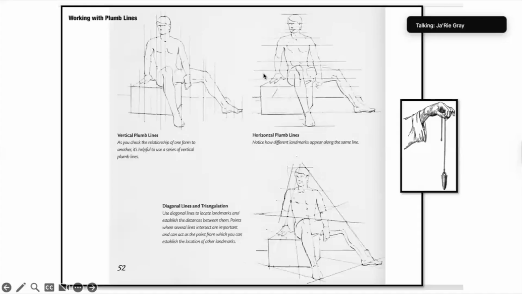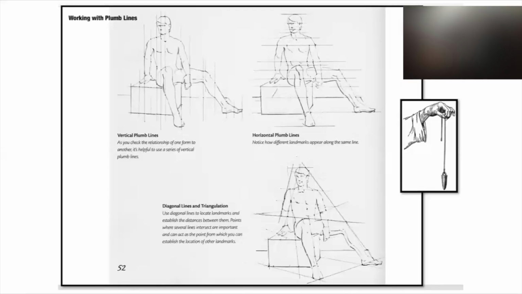So these are all just tactics that artists use to make sure they're staying within scale and proportions within their drawing. Same thing with diagonal lines. You're just lining things up to make sure things are lining up diagonally, but that also helps you with placement, whether you're drawing a figure or an object. It just helps with making sure that you're measuring things accurately and putting things in the right spot.